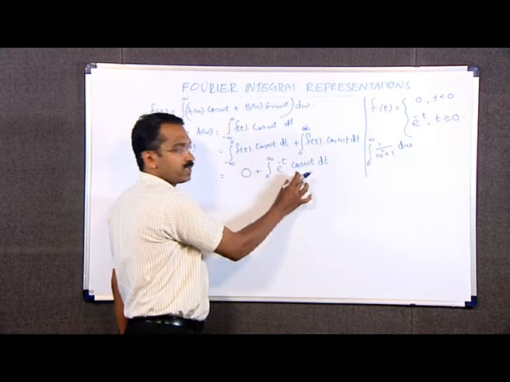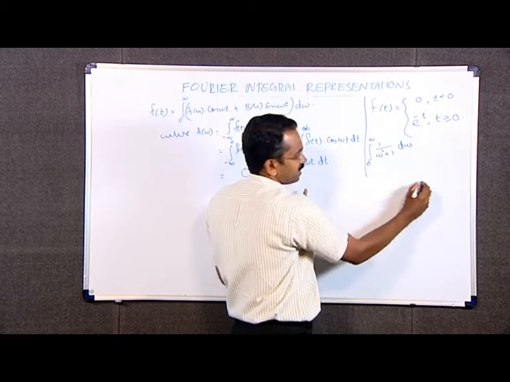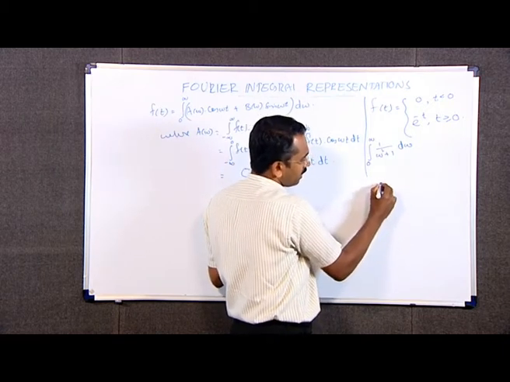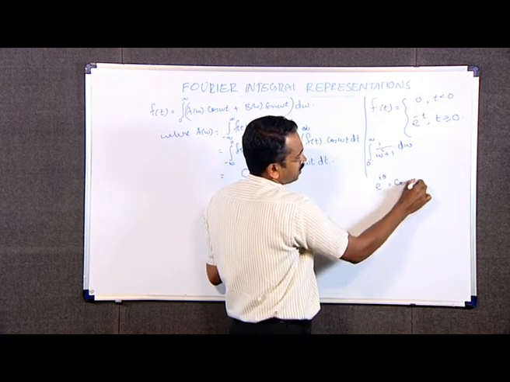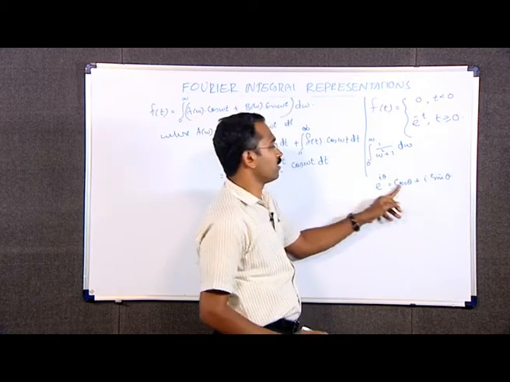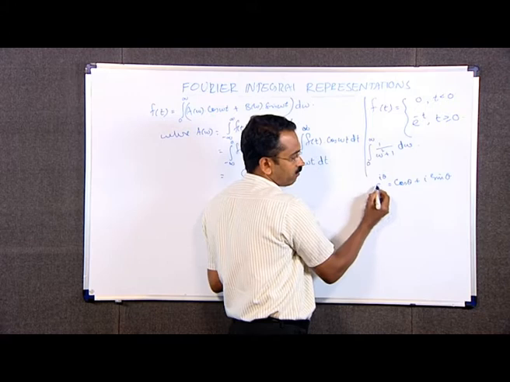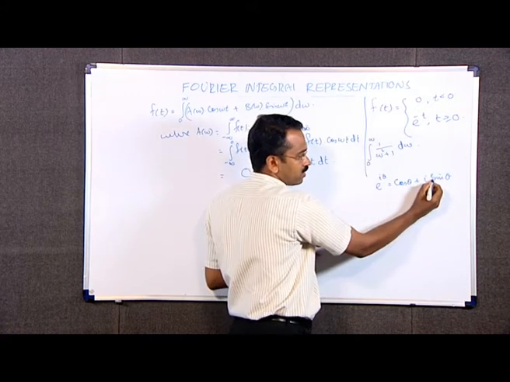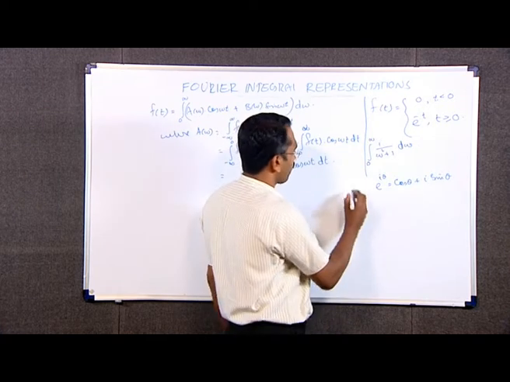To evaluate this integral, consider cos omega t. As we have e raised to I theta equal to cos theta plus I into sin theta, that is, cos theta is the real part of e raised to I theta and sin theta is the imaginary part of e raised to I theta.